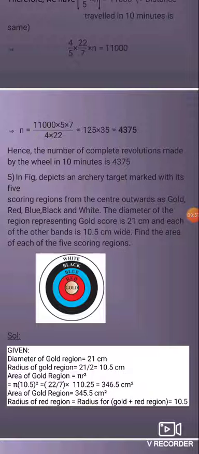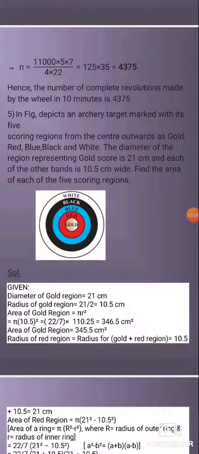Now next one, the radius of the red region. That is, the total radius of gold plus red region is 10.5 plus 10.5, which is equal to 21.